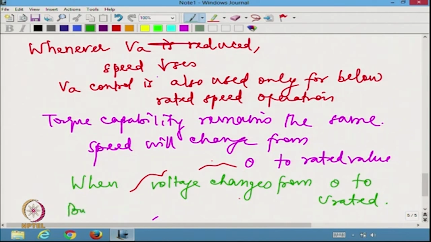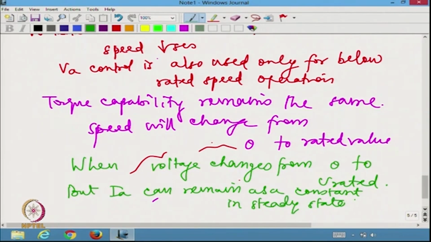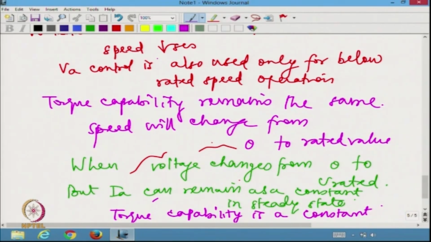But IA can remain as a constant, no problem. But what we are talking about very clearly is in steady state, not during transient. During transient it will definitely vary. So, in steady state you can have IA as a constant. So, torque capability is a constant. So much for armature voltage control.